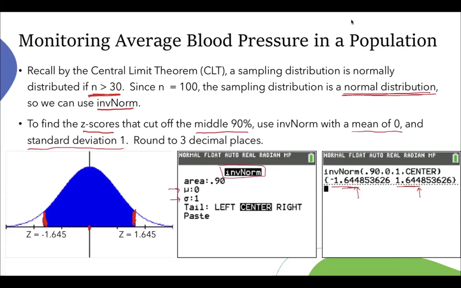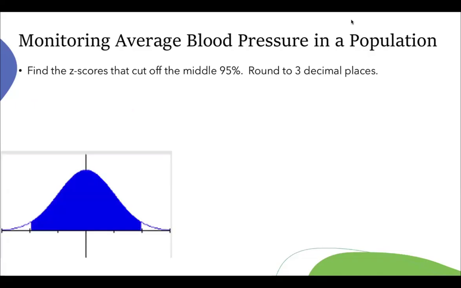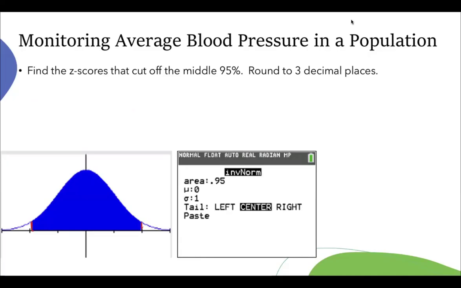Now, what's going to happen when we increase that area to 95? So let's take a look at the area now. When we increase it to 95, the picture widens, the area in the center widens, and so the z-scores that we're looking for on the left and the right are going to be further away from 0. So in the calculator inverse norm again, we're going to put in 0.95, 0, and 1, and choose the tail to be center.